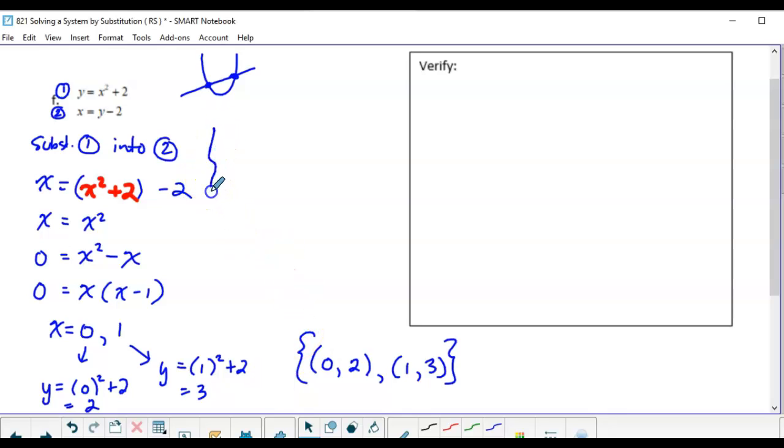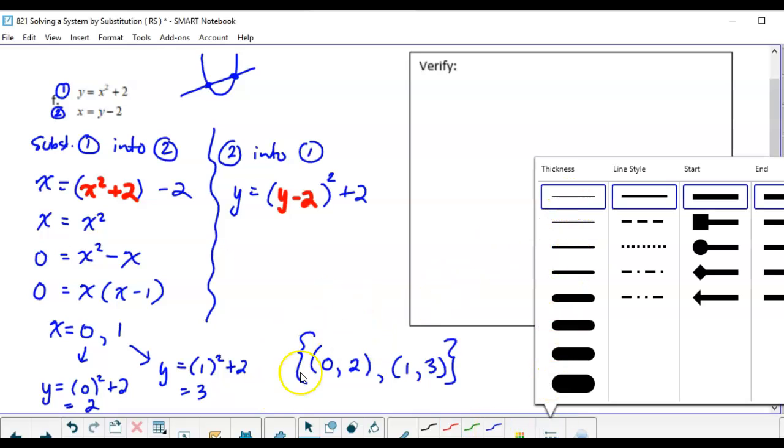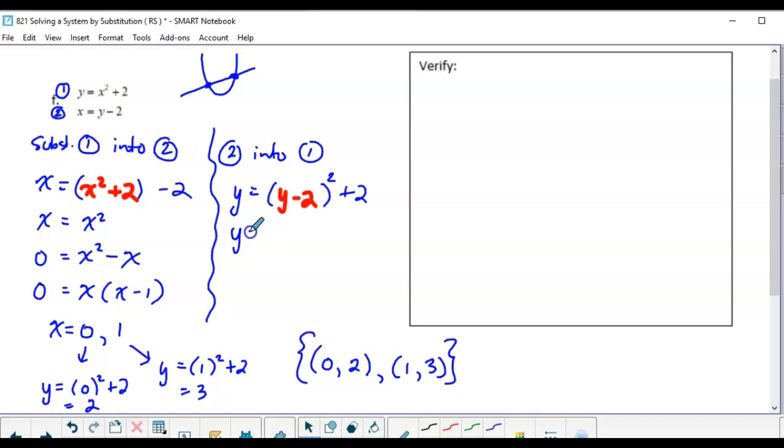All right, now, if you had done the other way, 2 into 1, then we would have y equals, you would replace x with y minus 2. Okay, and then you'd have to expand correctly. So remember that's minus 4y plus 4. Don't forget that middle term.